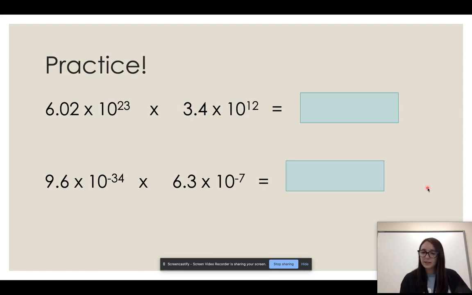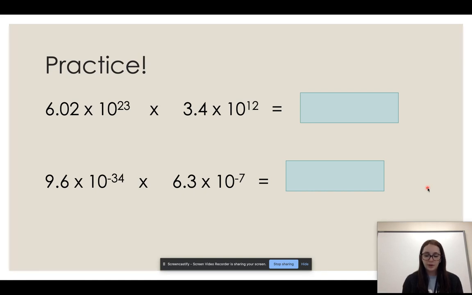Now we're going to practice, so make sure you have your calculator out. If you do not have a calculator, please get one as soon as possible and come back to practice. We are going to do 6.02 times 10 to the 23rd. That's where you use your EE button.